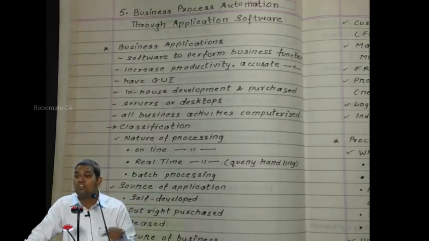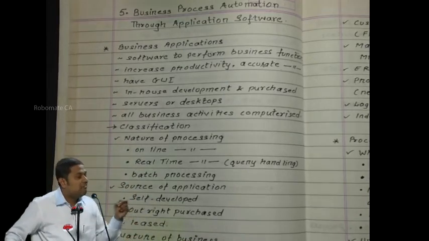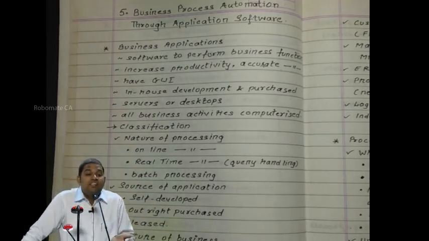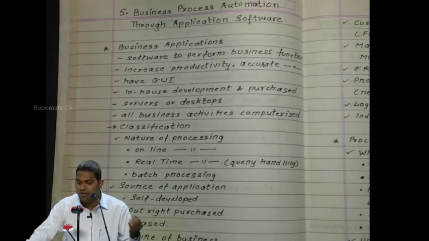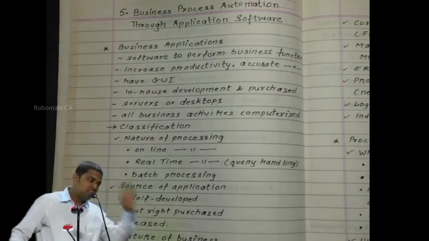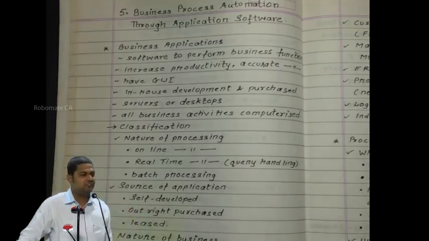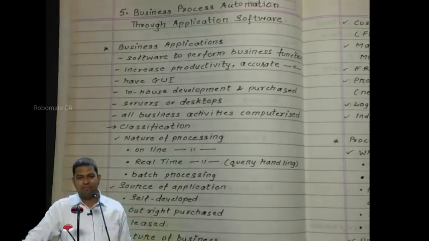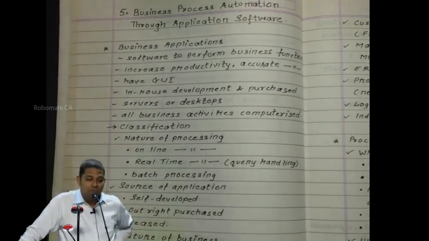But computers don't suffer from such problems. With the help of computers, I will be able to increase the productivity of labor, of machine, of the entire organization. And the most important thing is that the accuracy of the business function will stay. It won't deteriorate. Suppose I ask you a table of 12.